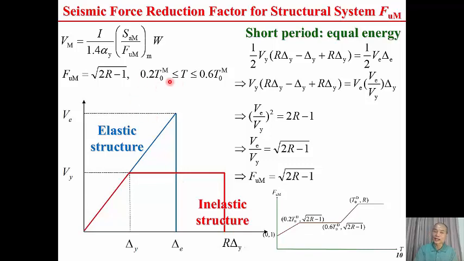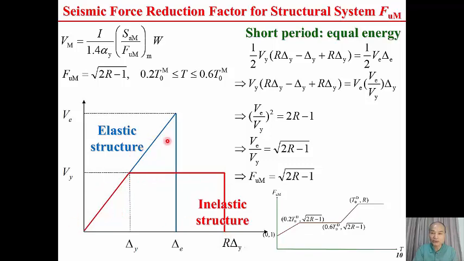When the structural period lies between 0.2 T0M and 0.6 T0M, the criteria of equal energy is satisfied. That means that the area under the elastic structure equals the area under the curve of the inelastic structure.